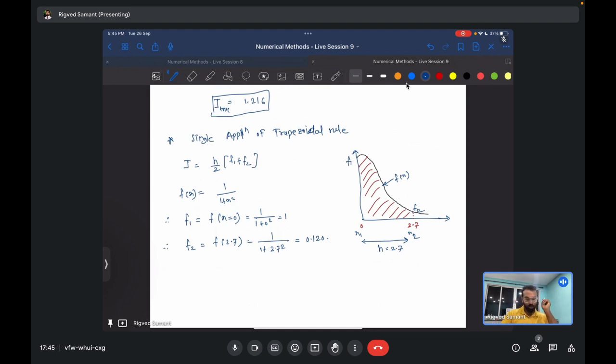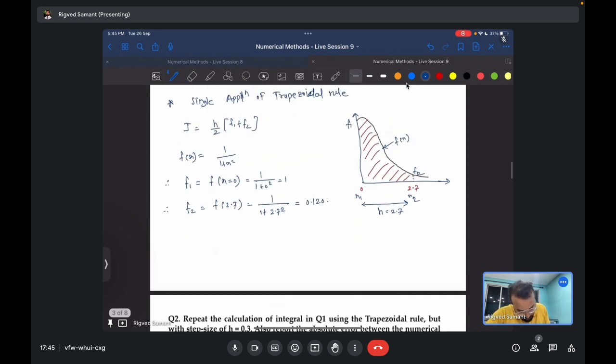Okay, so you got these values. Now you can substitute back into this.